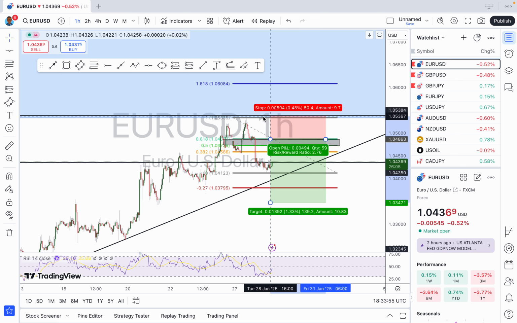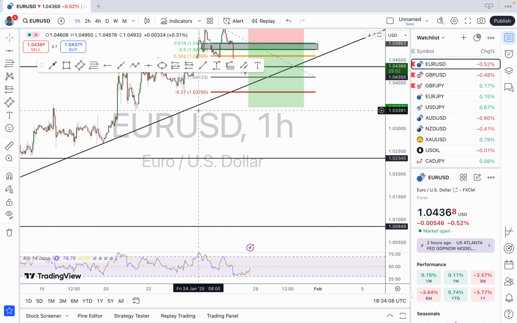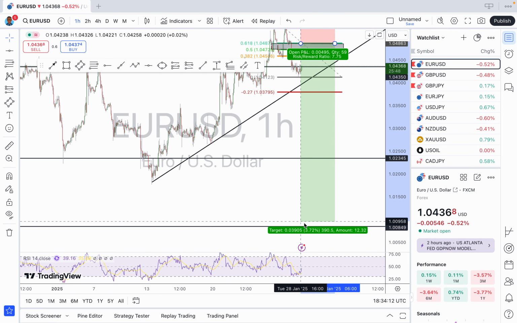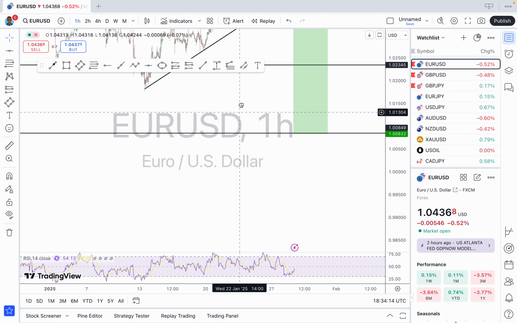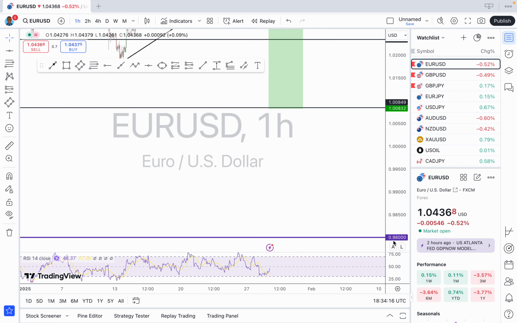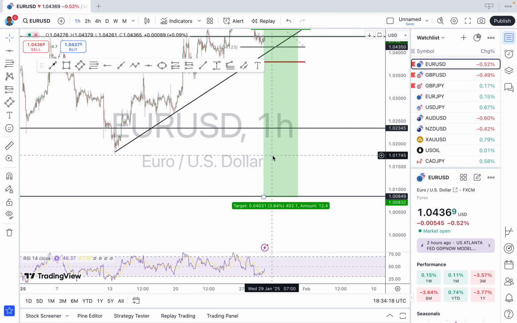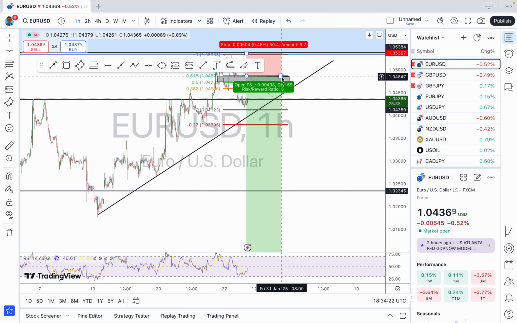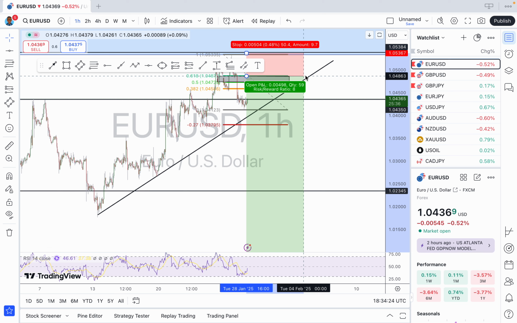And have my SL well above this swing high. And with that, TP is even lower here, but let's take this for now, right? This is about 400 pips. You're using 50 pips to take like 400 pips.